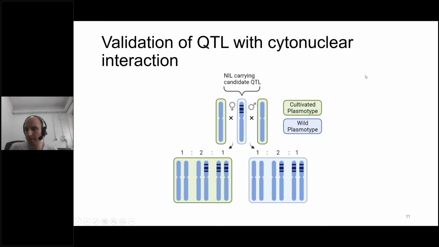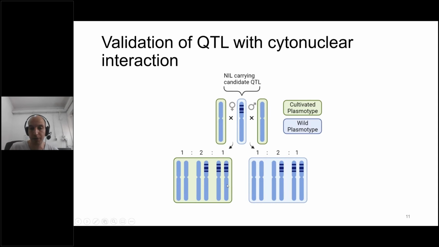What we are used to is to, first of all, maybe cross back several times our candidate QTL to reach a near isogenic line with our candidate QTL, but instead of crossing it just in one direction, or not being aware at all in which direction we cross it, afterwards to maybe create a segregating population, we cross it back once to Noga. For example, if it is a line which is derived from the CHAMP, we want to cross it back one time to Noga as a male donor and one time to Noga as a female donor.